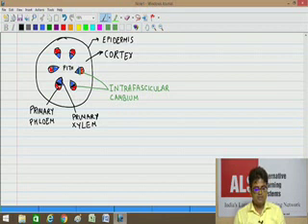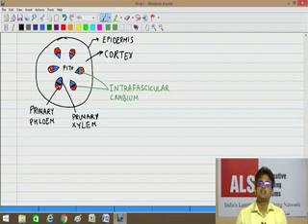Now the cells between the vascular bundles will convert into cambium cells. My question to you is, do you remember the process by which parenchyma cells will become cambium cells?